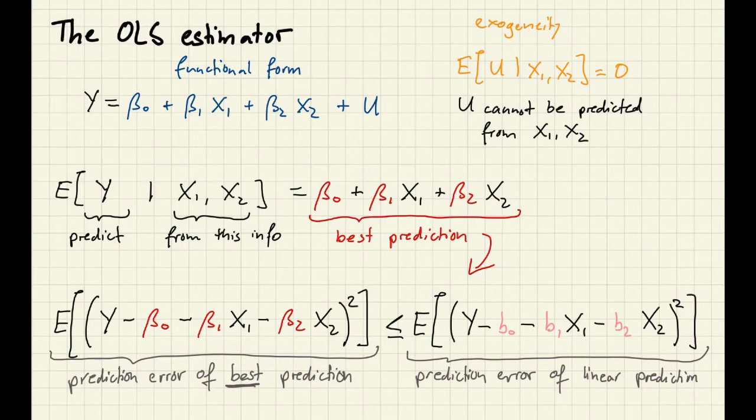We can use this inequality to redefine our betas. And remember, we are really interested in these betas. In particular, we can define these betas as the coefficients beta 0, beta 1, and beta 2 that minimize the prediction error of a linear rule. So we're saying we just want to minimize this.